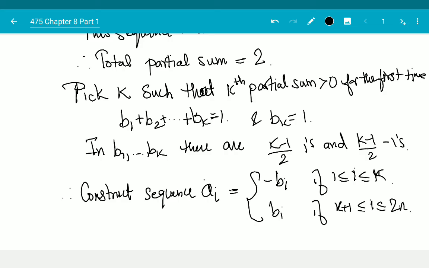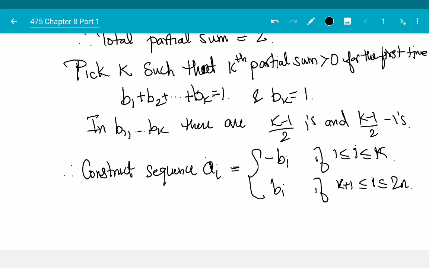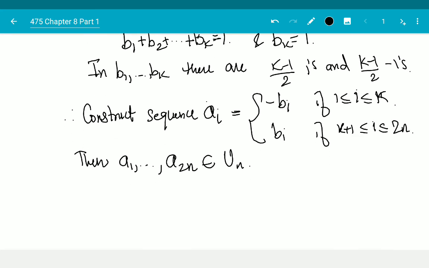So invert everything before or equal to k, and leave everything afterwards the same. Then a1, dot dot dot, a_2n belongs to Un, because now the partial sum was 1. When you flip it around, the partial sum is -1, and this is the first time the partial sum is -1.